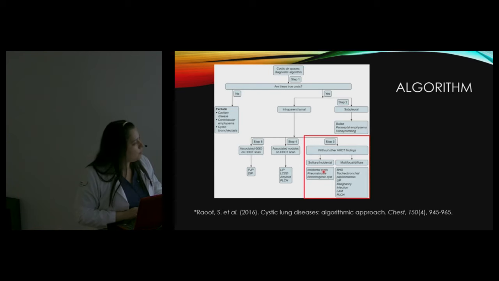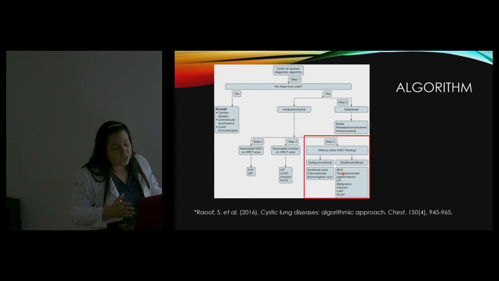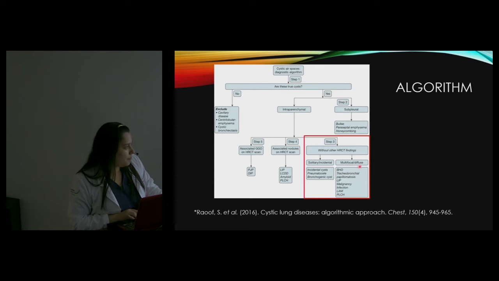Or it can also be a multifocal disease, like we can identify in Birt-Hogg-Dubé syndrome, which is also known as a folliculin gene-associated syndrome, characterized by multiple lung cysts, and also bilateral renal tumors, mainly chromophobe renal cell cancer, and also other cutaneous manifestations.